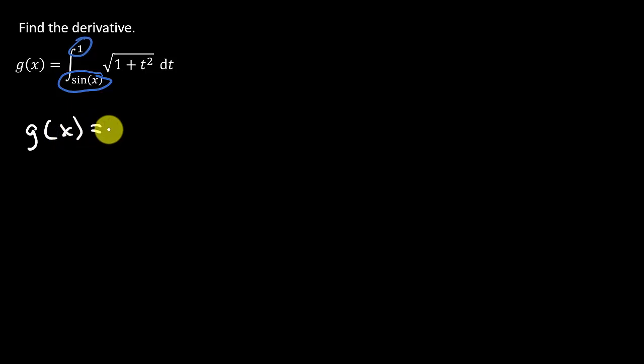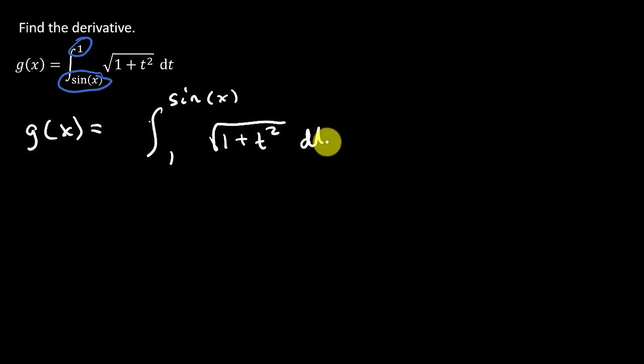So g of x is equal to, and that's going to be the integral from 1 to sine x of the square root of 1 plus t squared dt. Now, remember, when you swap the limits, it changes the sign in front of the integral. So that's going to be a negative. Okay? So it changes it from a positive to a negative.